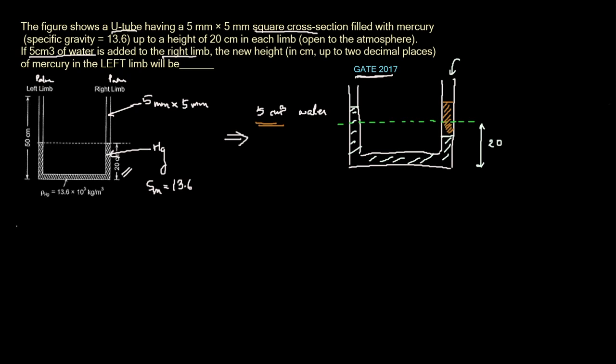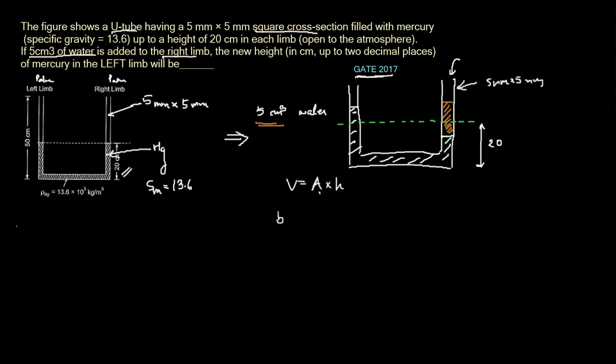We know the cross section of this U-tube as 5 millimeter by 5 millimeter. Using that we can find the height of water if 5 centimeter cube of water is added. The volume is nothing but area into h if the area is constant. The area is given as 5 millimeter into 5 millimeter, but here we need centimeter.